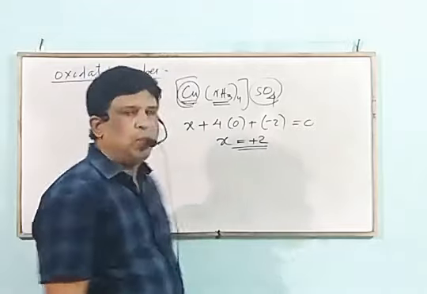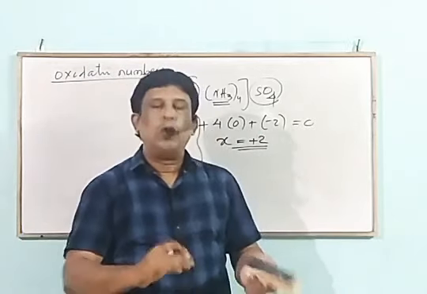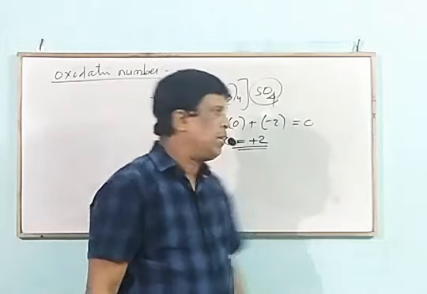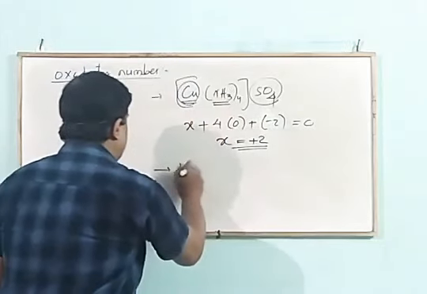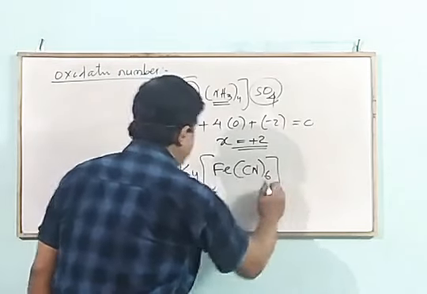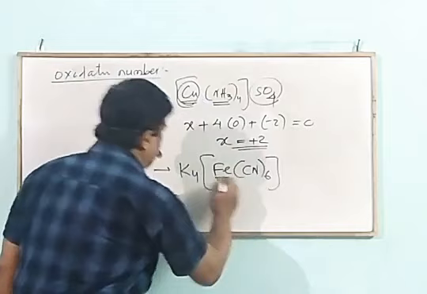This oxidation number is represented in Roman numerals within a parenthesis. I give another example, K4[Fe(CN)6]. Mark that. Here the central metal atom is iron.